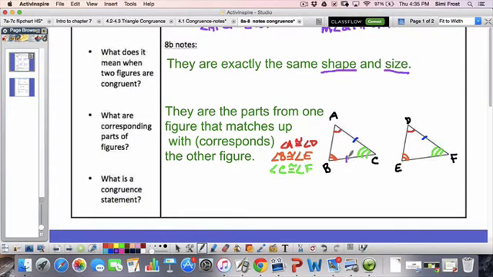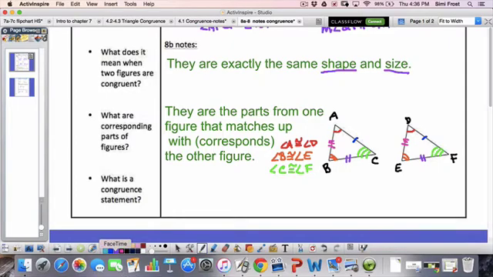So I'm not just going to write one, because if I do one little tick mark here, then that's saying that BC is congruent to AC and DF, when I really want to show you for this picture that BC is congruent to EF. So I'll put 2 on each, and then lastly, I'll put 3 on this side, AB, to show you that it corresponds with DE by putting 3 on that side.